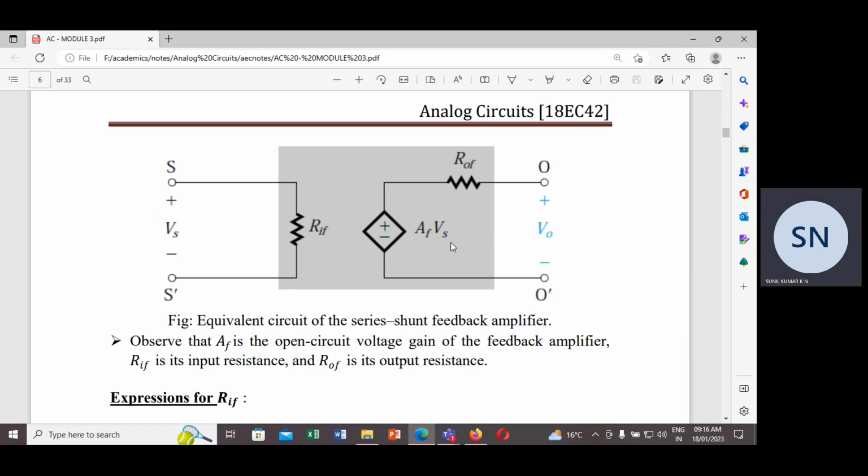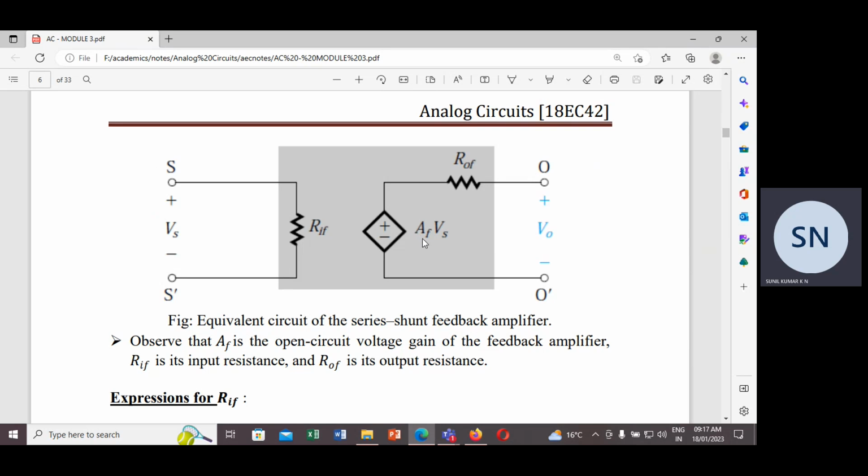So this is the input signal Vs and the output signal is V0. When you employ feedback, the gain we calculate is V0 by Vs, where Vs is the equivalent input signal and V0 is the output signal. The circuit has the input resistance with feedback and output resistance with feedback, and the gain obtained upon employing negative feedback is the feedback gain, which I represent as AF.